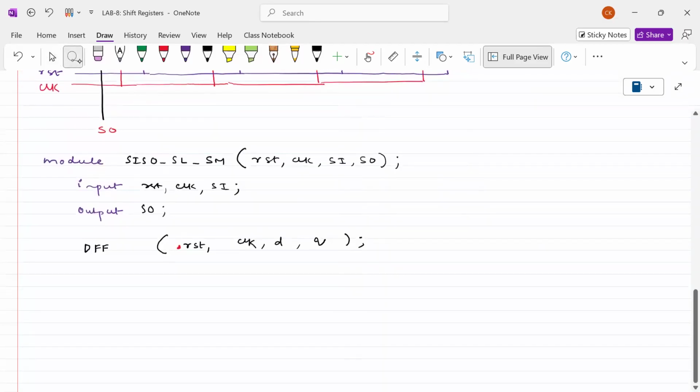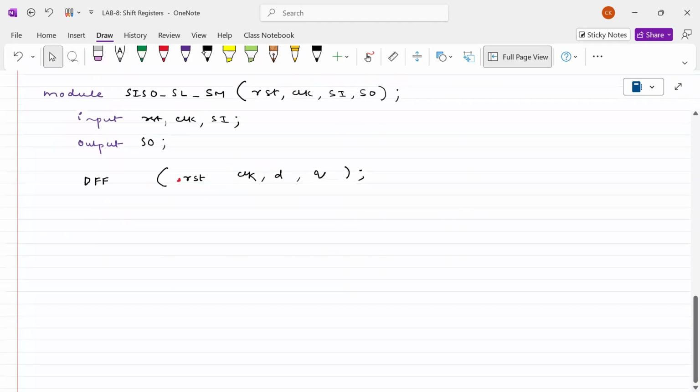RST of this one is connected to RST only, it does not have any change. Let me write RST here. The clock is also clock, I did not change that one.